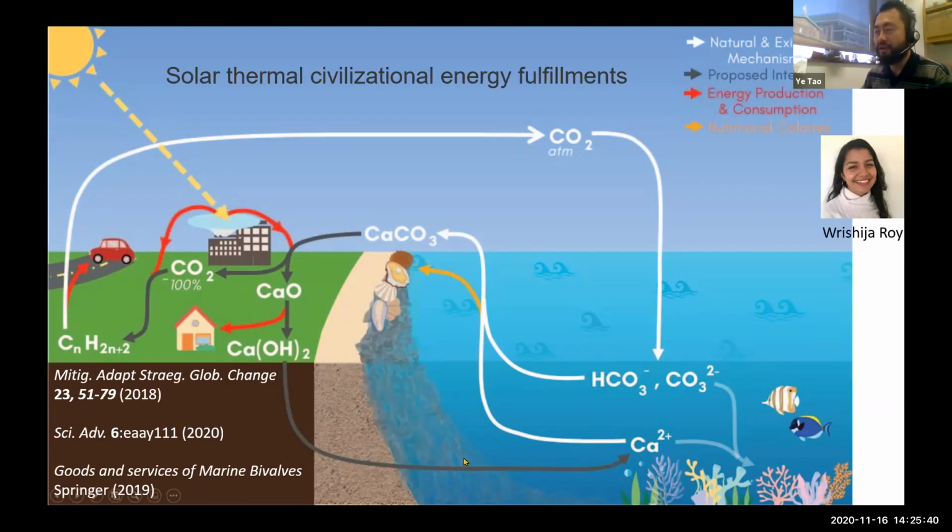I will first draw your attention to this calcium loop, starting from shellfish, becoming calcium oxide through a solar thermal decomposition, hydrolyzed to calcium hydroxide, and redispersed into the ocean to become calcium ions, which can then be taken up by these marine organisms. The second loop is the carbon loop.